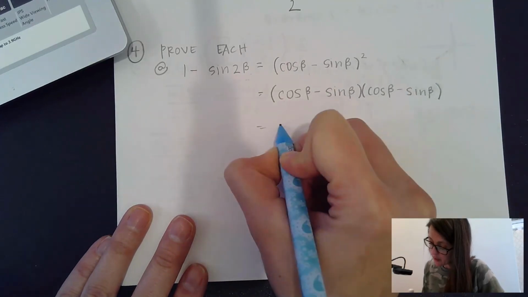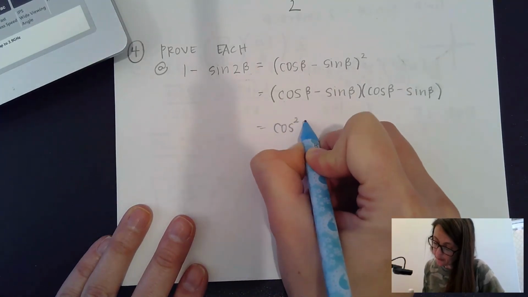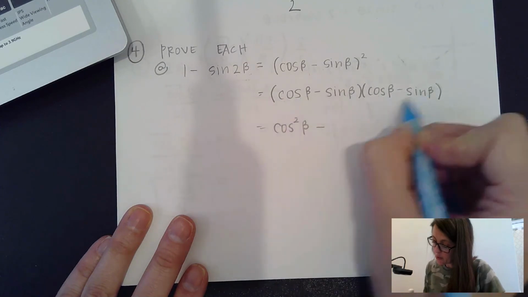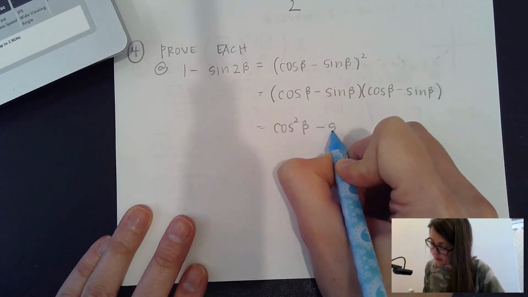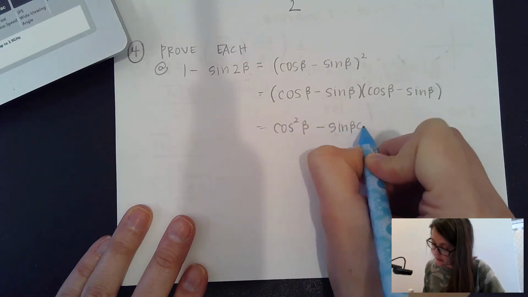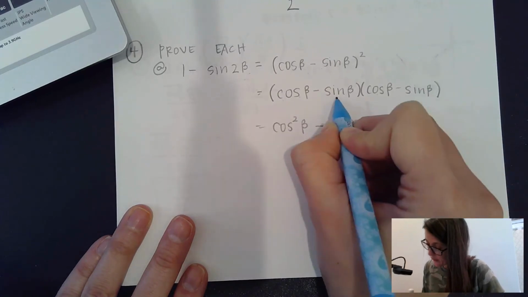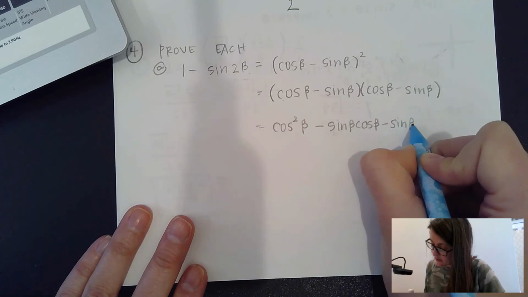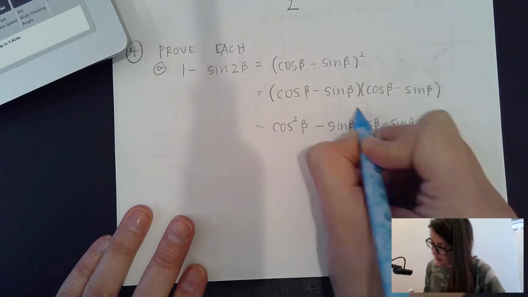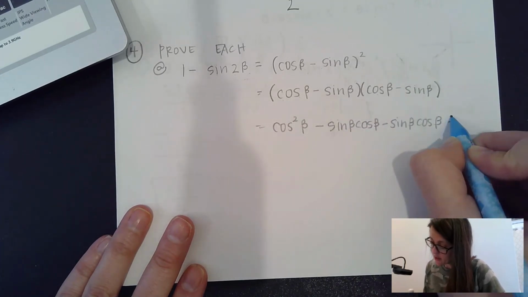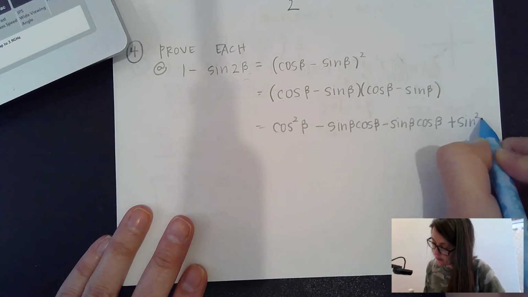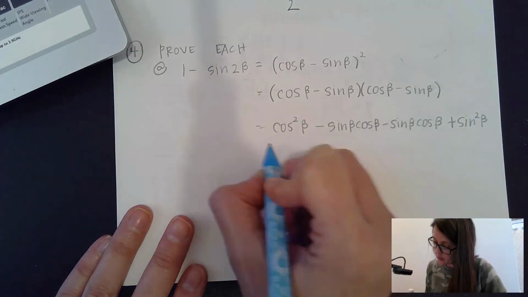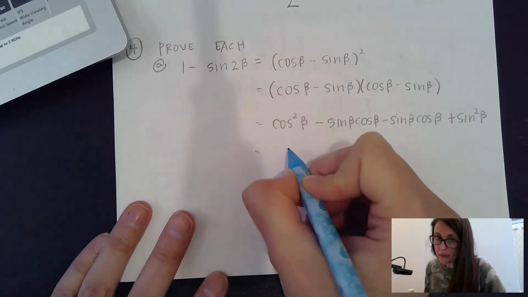So cosine times cosine is a cosine squared. If I multiply, so this will be minus, I'm going to do sine b cosine b. Here we'll have a minus sine b cosine b. And then sine times sine turns into a positive sine squared. Well, this is cosine squared plus sine squared.